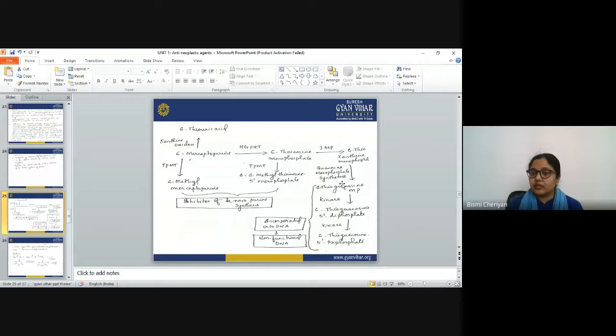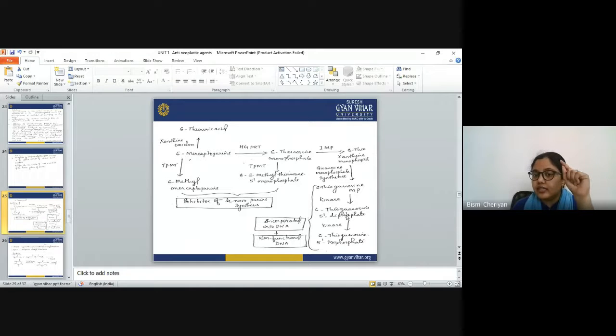And that 6-thioguanosine monophosphate is converted into the 6-thioguanosine 5-diphosphate in the presence of kinase enzyme.